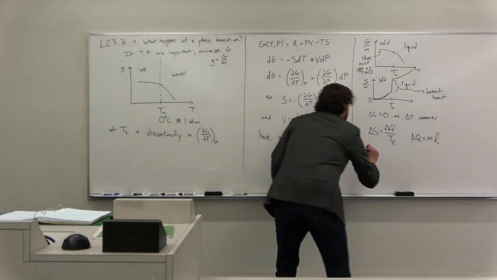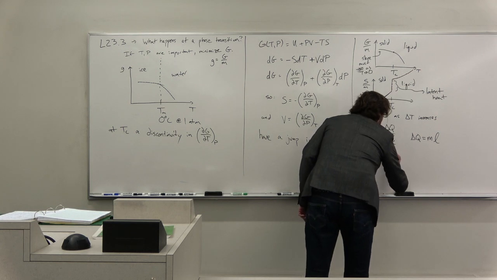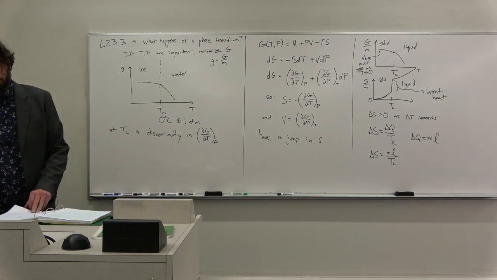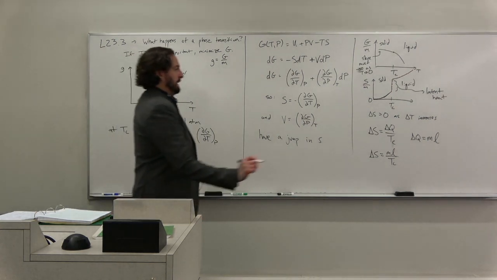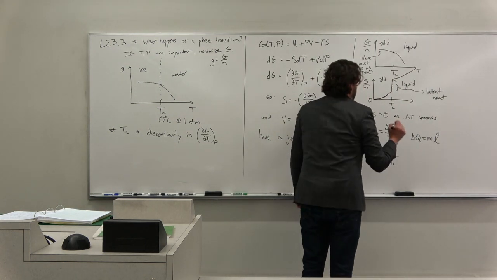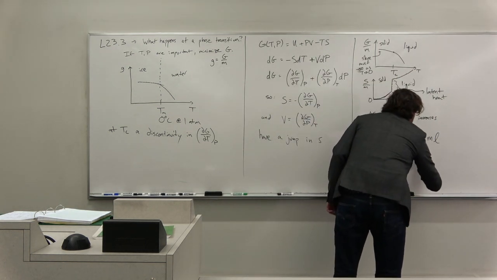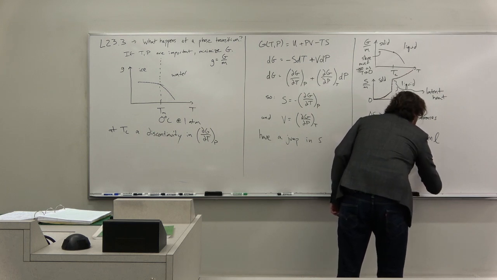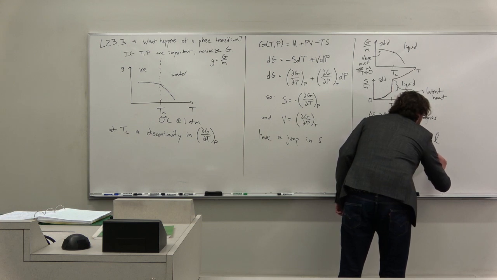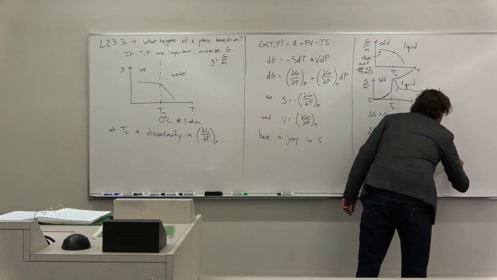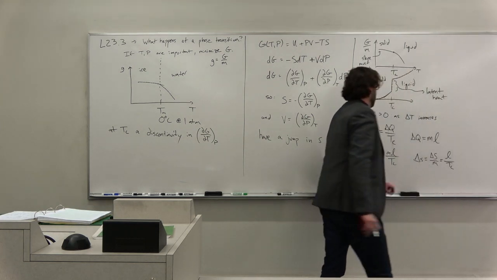And so we had delta S was mL over Tc. If I actually had written this in terms of little s, so if little s was big S over m, that would just be L over Tc.